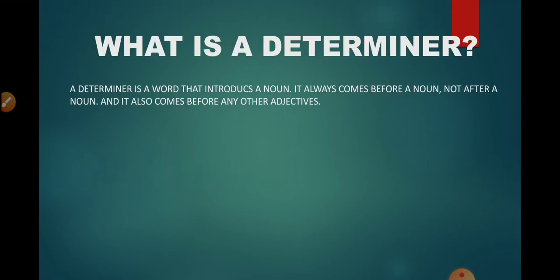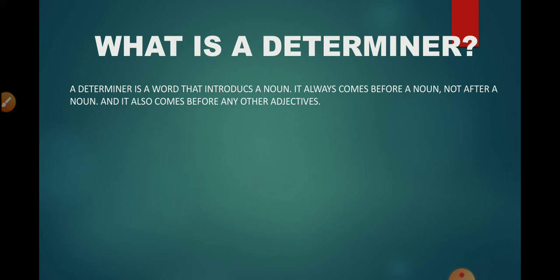First of all, what is a determiner? Its definition goes like this: a determiner is a word that introduces a noun. It always comes before a noun, not after a noun, and it also comes before any other adjectives. As the word also suggests, a determiner is a word that determines a noun.